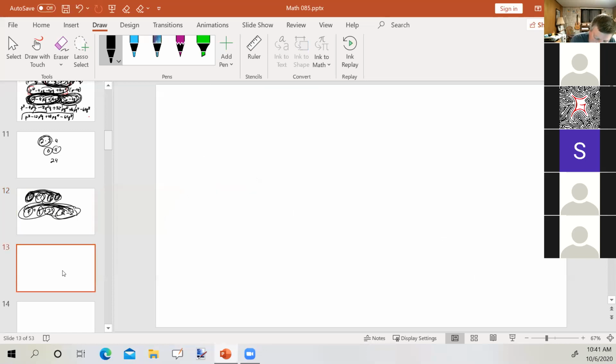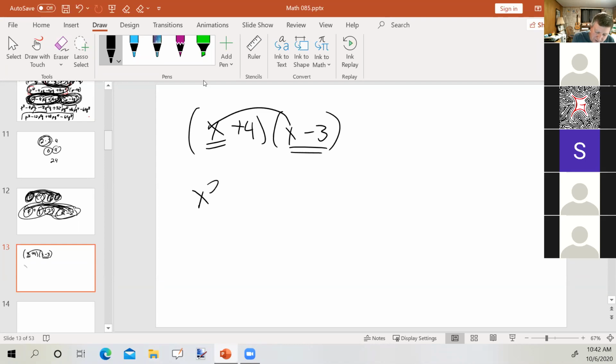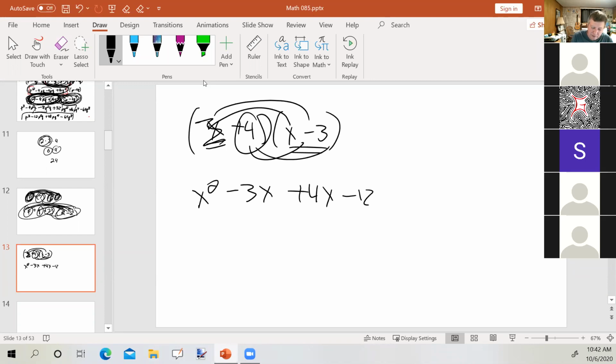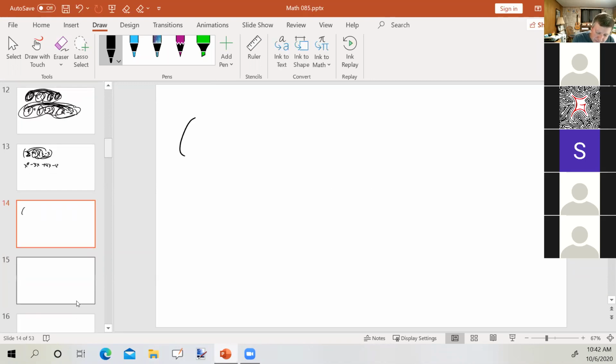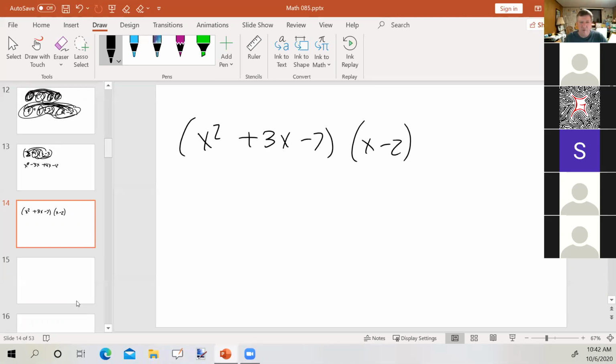I've just got something like this: x plus 4 times x minus 3. I'm going to take this first term times everything over here. So I'm going to get x squared minus 3x. Then I'm going to move on to the next term and take it times everything over there, plus 4x minus 12, et cetera. So if I've got x squared plus 3x minus 7 times x minus 2, is it FOIL?